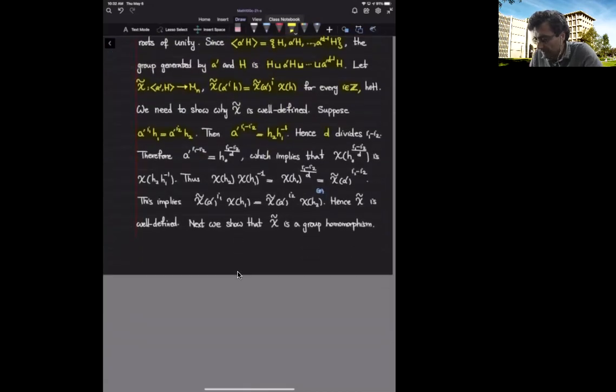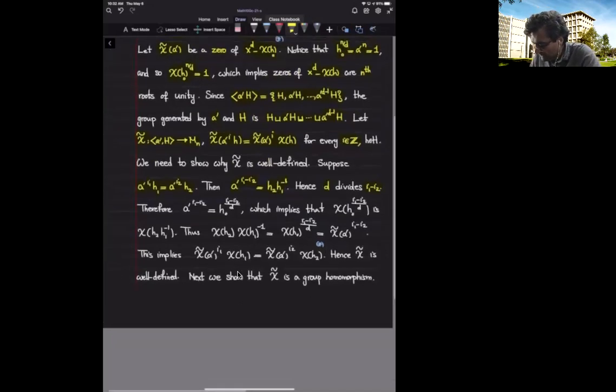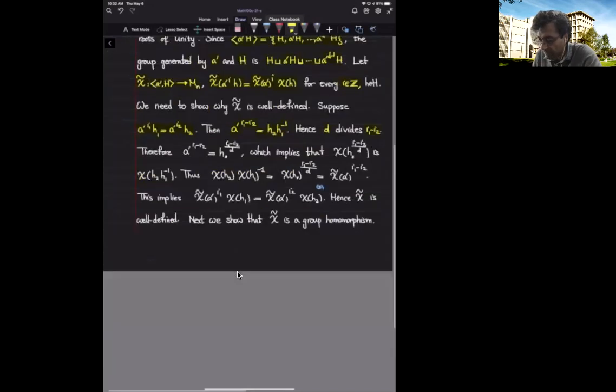So D should divide I1 minus I2, which means I1 minus I2 is D times (I1 minus I2) divided by D. But remember, A prime to the D, we denoted this by H naught, and it belongs to the group H. So A prime raised to power I1 minus I2, I can write as A prime to power D, to power (I1 minus I2) over D. And A prime raised to power D is H naught.